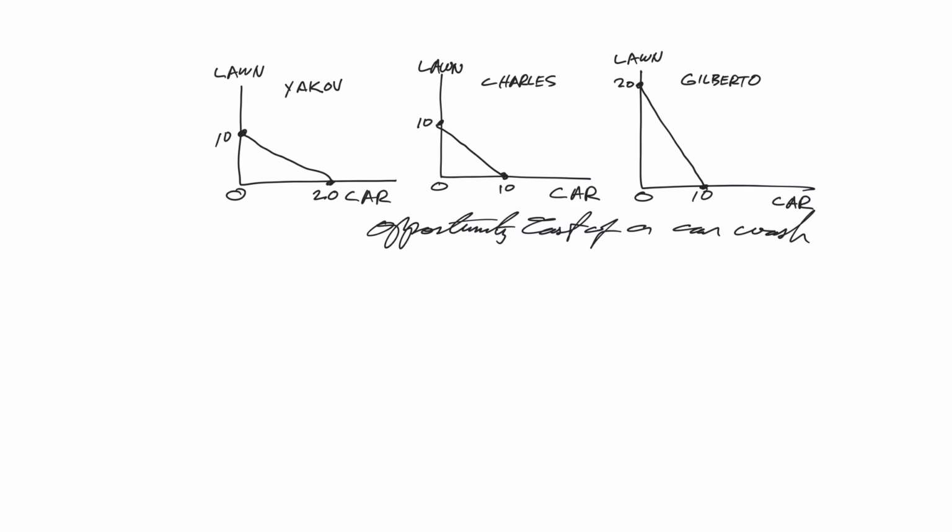But we don't want to know what his opportunity cost of 20 car washes is. We want to know the opportunity cost of 1 car wash. So let's do this.